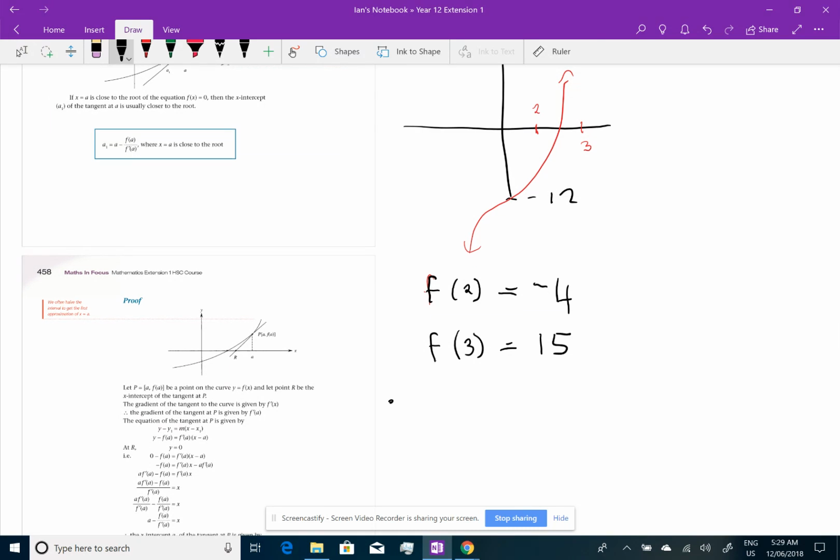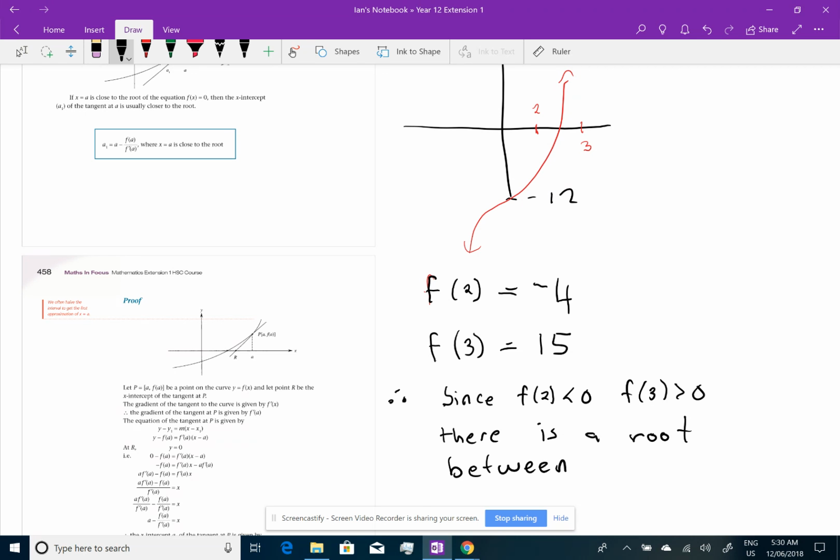So, therefore, since f of 2 is less than 0 and f of 3 is greater than 0, there is a root between x equals 2 and x equals 3.